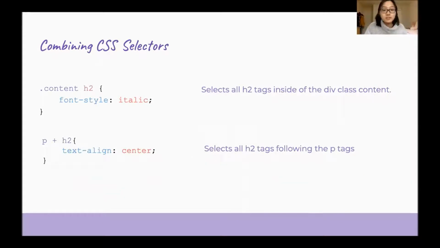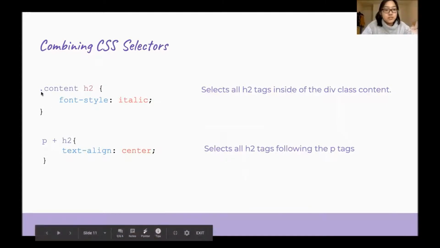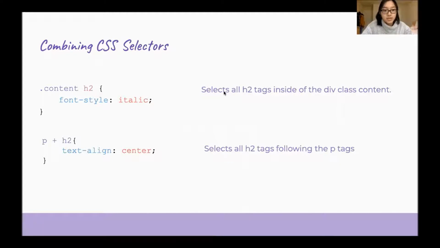One thing you can do with CSS selectors is combine them. If you did the class content and an H2 header, it'll select all H2 tags inside of the div class content. As I was sharing yesterday, remember how we separated elements in our HTML file by using divs?